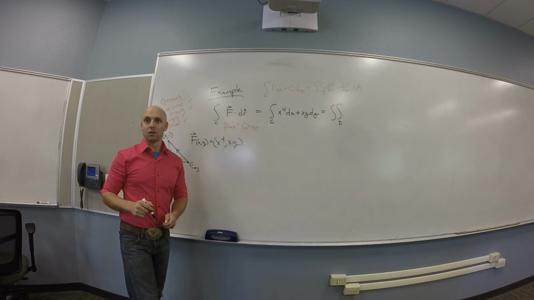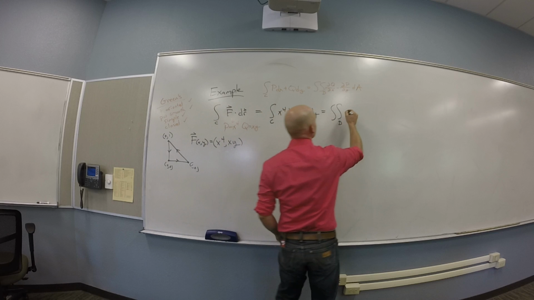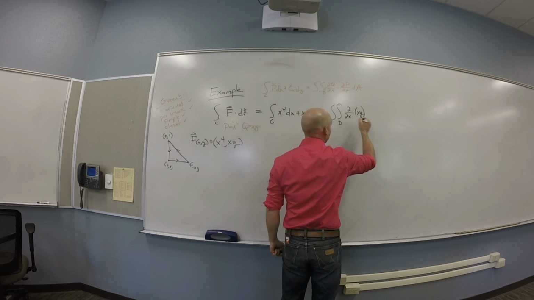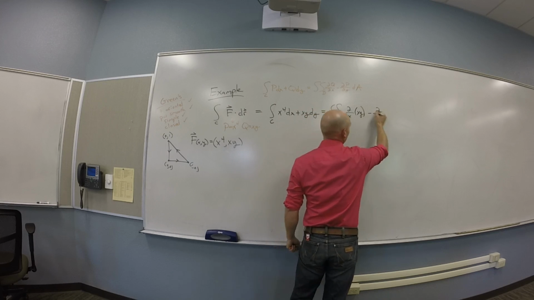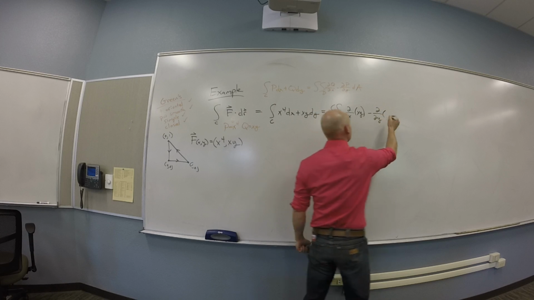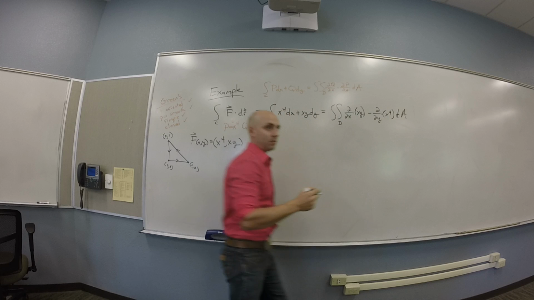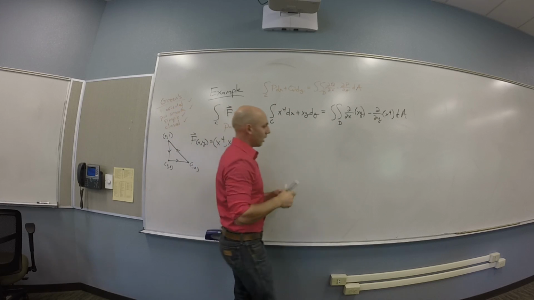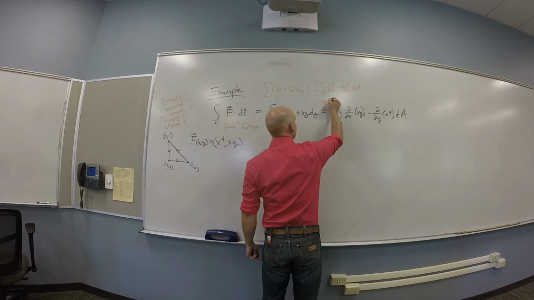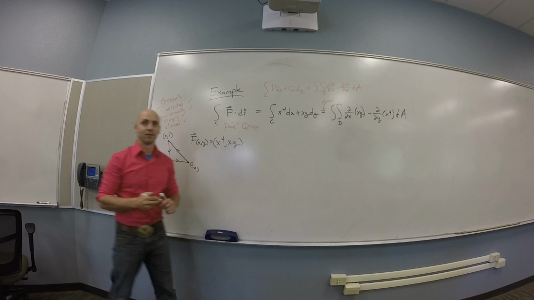I need to take the partial with respect to x of xy and subtract the partial with respect to y of x to the fourth. And I need to integrate that over D, the area. By the way, it helps when you guys are doing these if you note which equal sign you used Green's at.